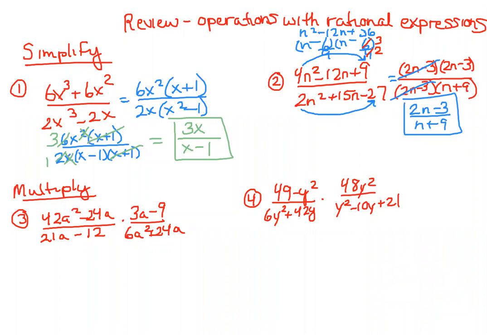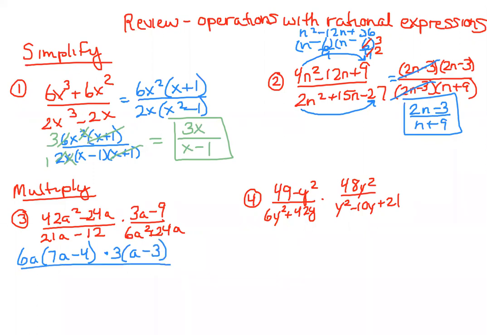All right, now we're going to multiply. When we multiply, we are just going to factor each part. So this one right here, we can factor a 6a out of, and we're left with 7a minus 4. And 3a minus 9, we can factor a 3 out of, and we're left with a minus 3.